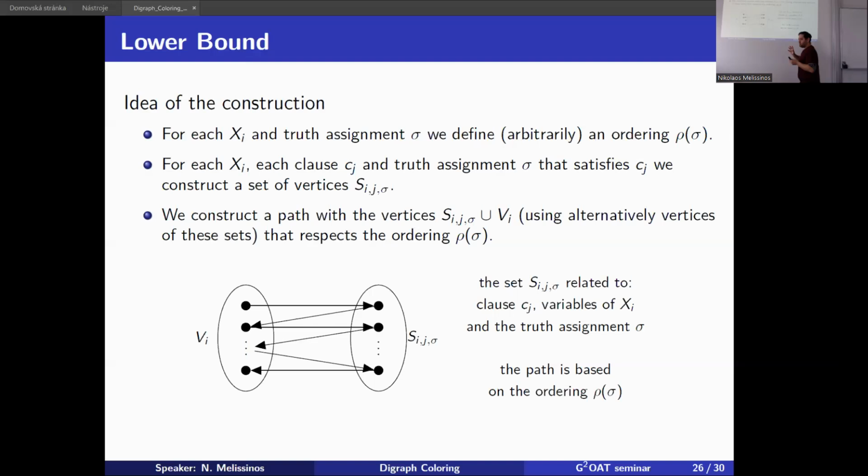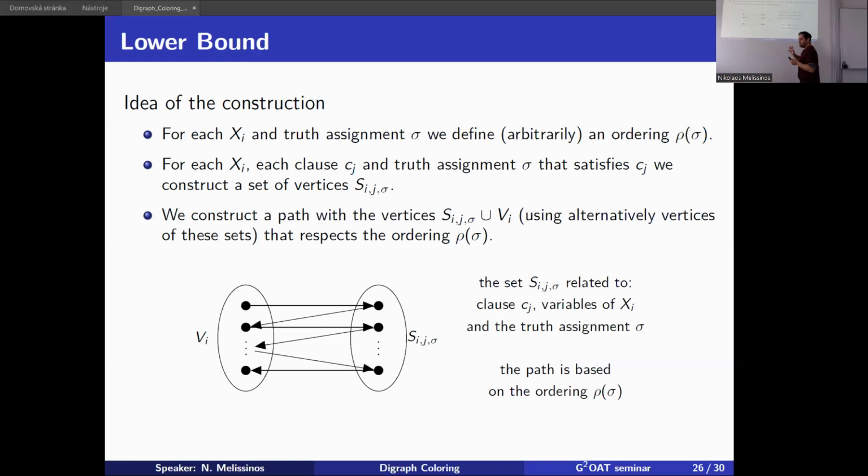So we connect the two sets in the order presented by the ordering we have defined, and this specific, let's say, path represents this specific assignment for the variables in X_i.